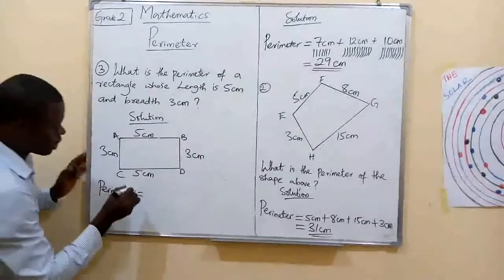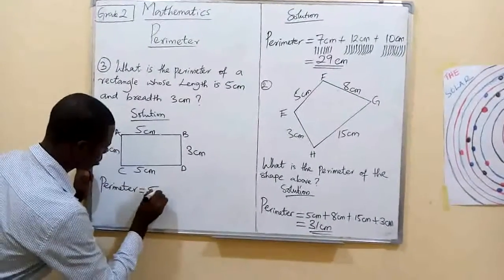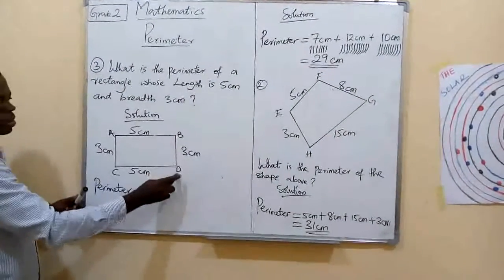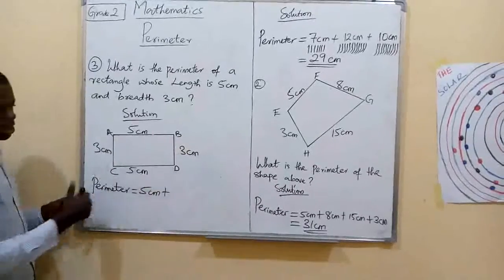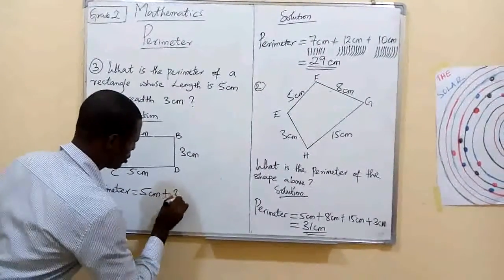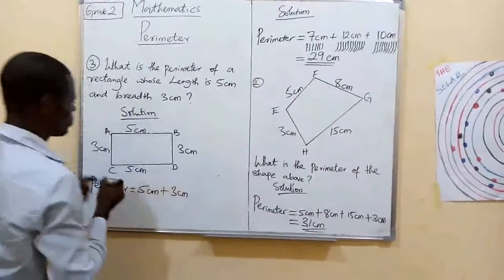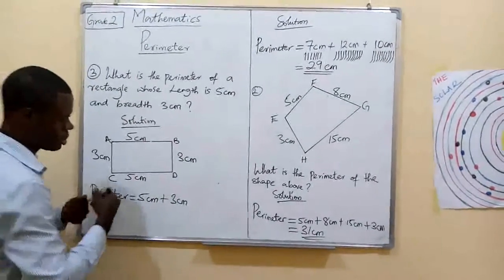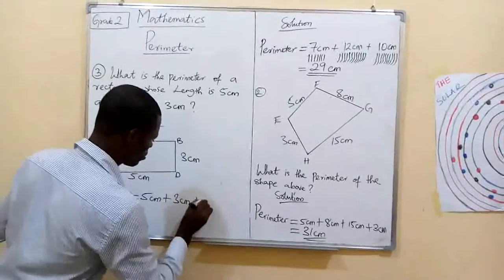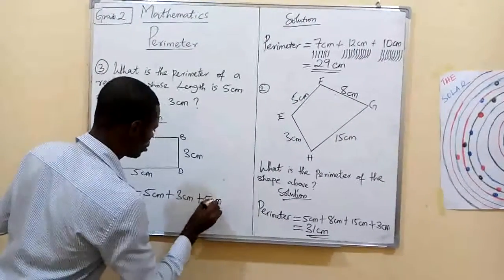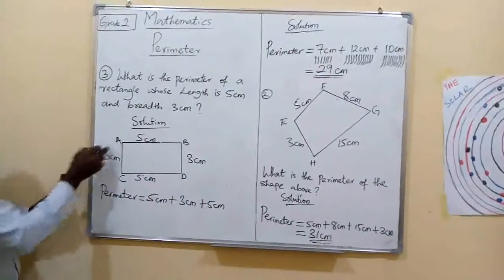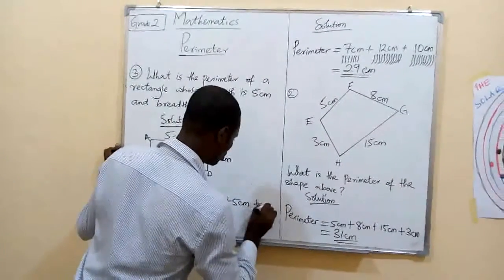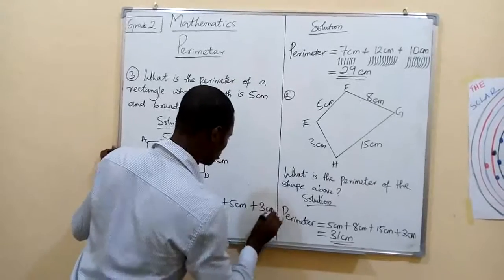AB is what? 5 centimeters. Plus BD is what? 3 centimeters. Plus 3 centimeters. And CD is what? 5 centimeters. Plus 5 centimeters. And AC is what? 3 centimeters plus 3 centimeters.